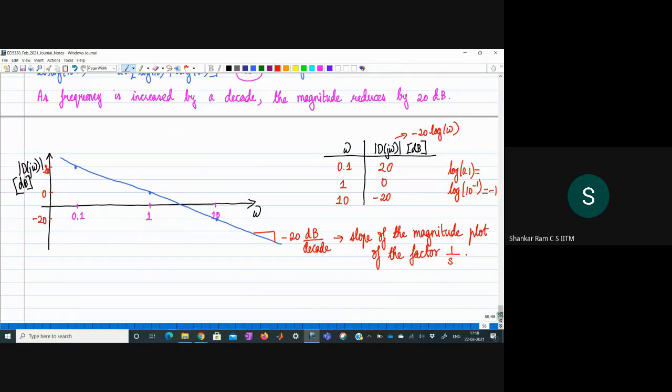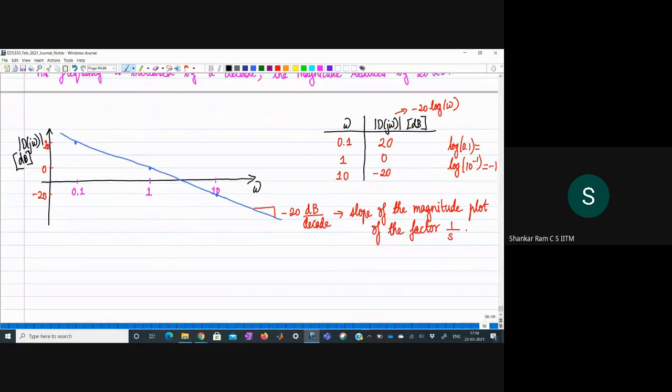Now, if I want to draw the phase plot, I essentially do the same thing. That is, I draw another curve wherein we plot the phase of D of j omega in degrees against omega. Once again, we use the same scale, 0.1, 1, and 10. We already observed that the phase is going to be minus 90 degrees.